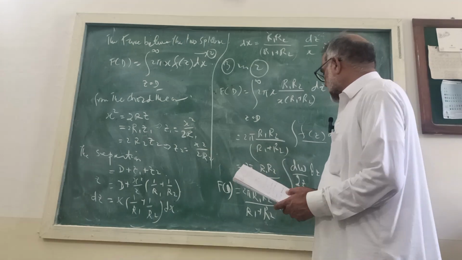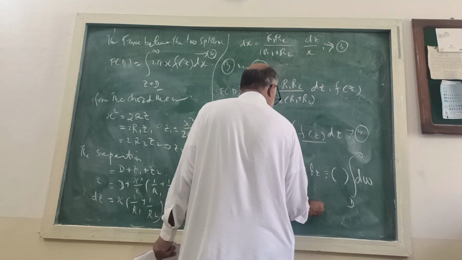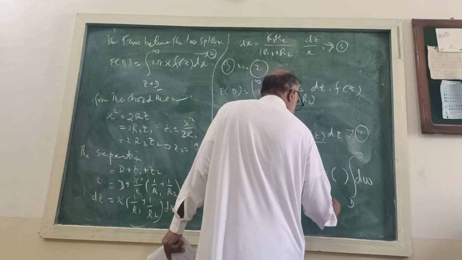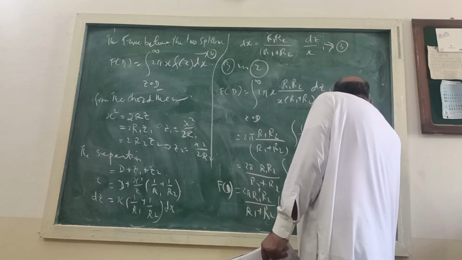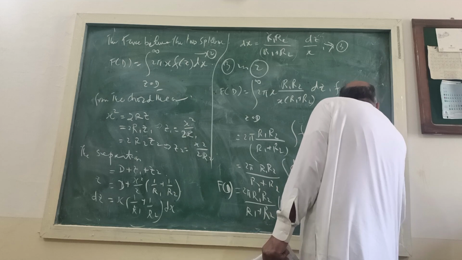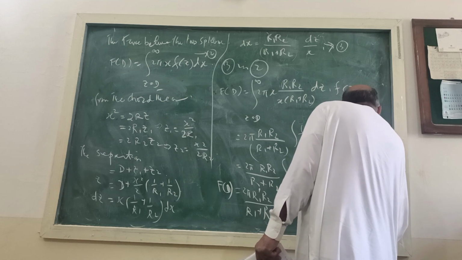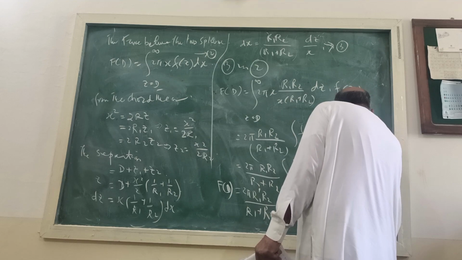And this equation is called the Derjaguin approximation. Equation number 5 or 6? 5. That is called the Derjaguin approximation.